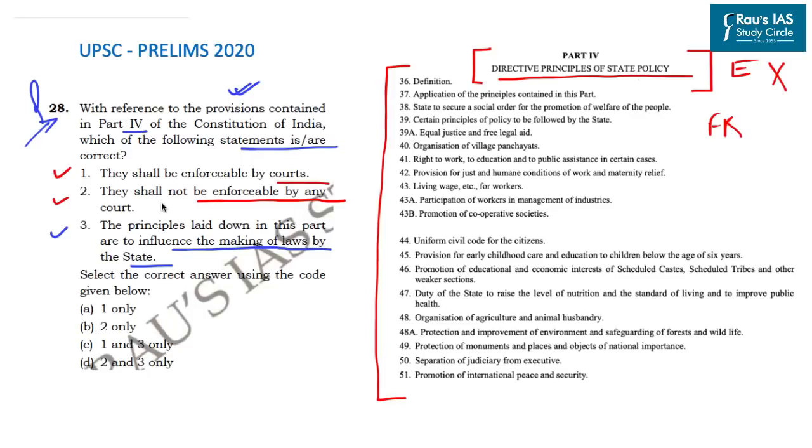So we understand that they shall not be enforceable by any court in India, and the principles laid down in part 4, that is DPSP, are to influence the making of laws by the state. So the first option becomes incorrect, whereas the second and third options become correct. So the question was to select the correct answer using the code given below. So here the correct answer becomes D, that is 2 and 3.